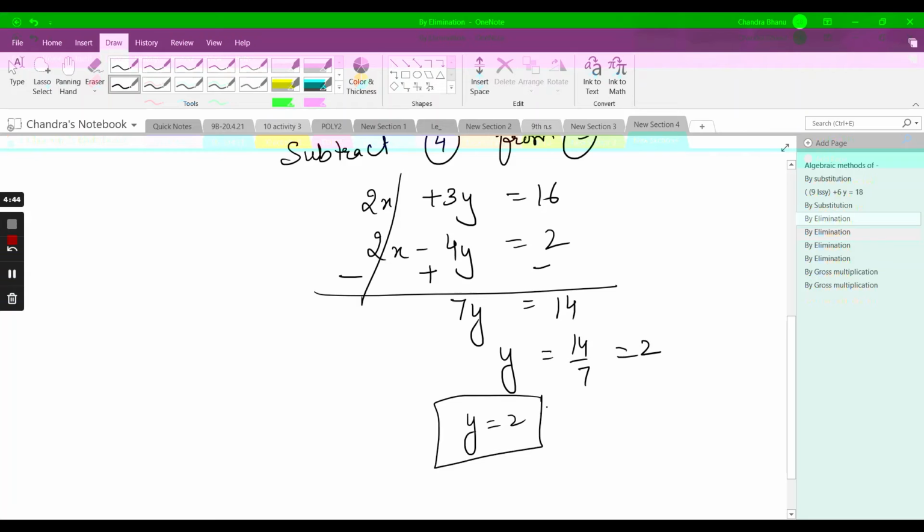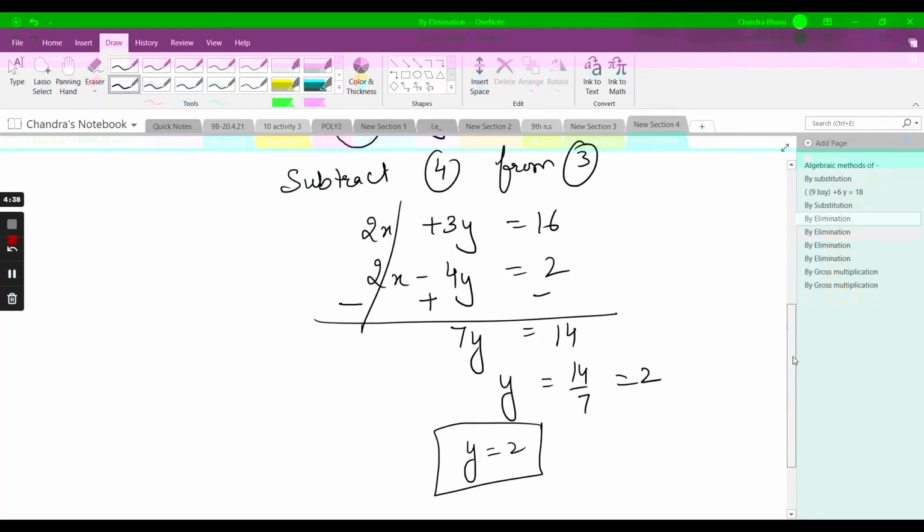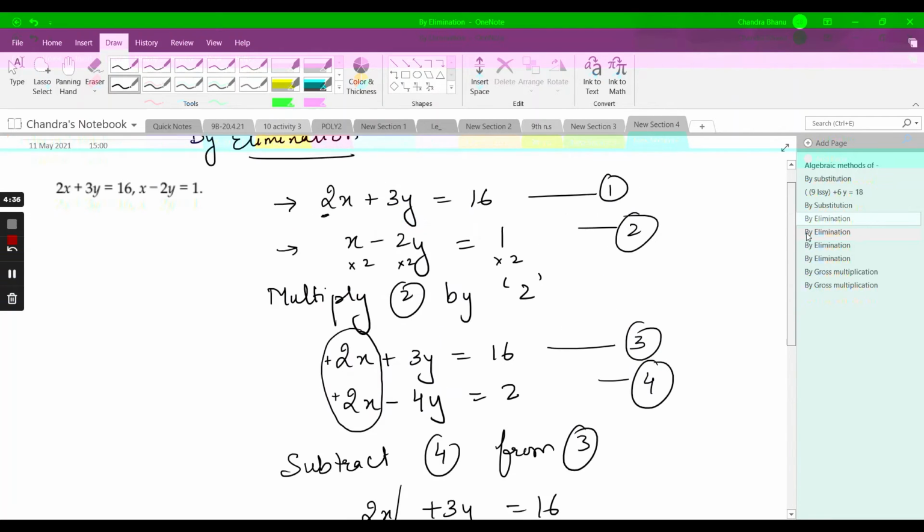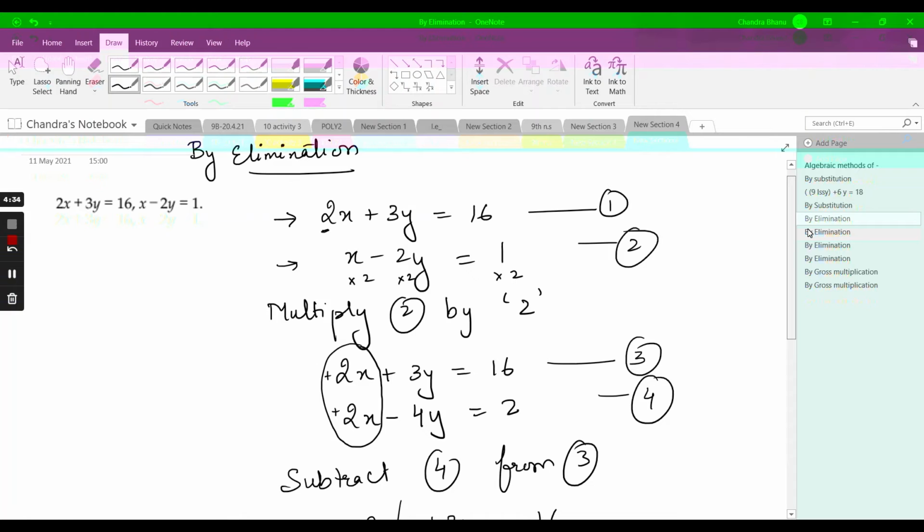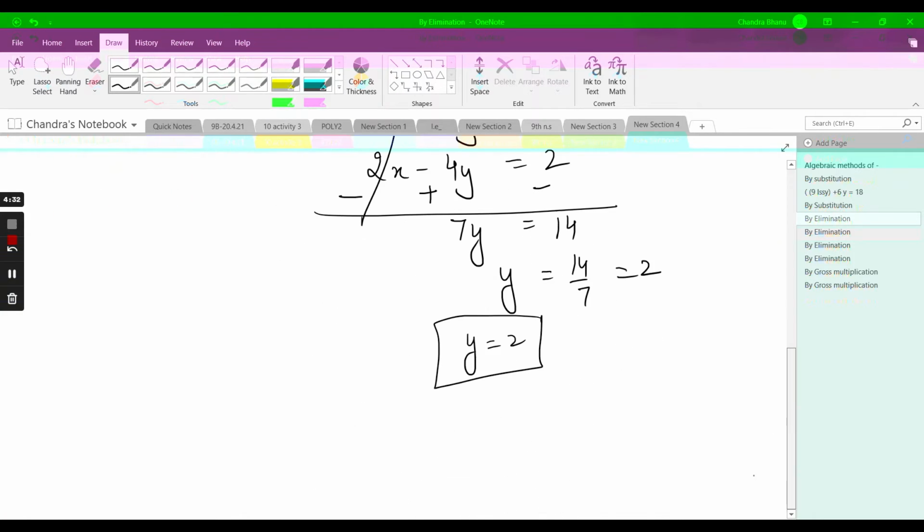Now once I've got the value of one of the variables, I can put it in any one of the equations and try to find out the second variable. Now I can use any one equation. So I'm using the second equation here, x minus 2y is equal to 1.